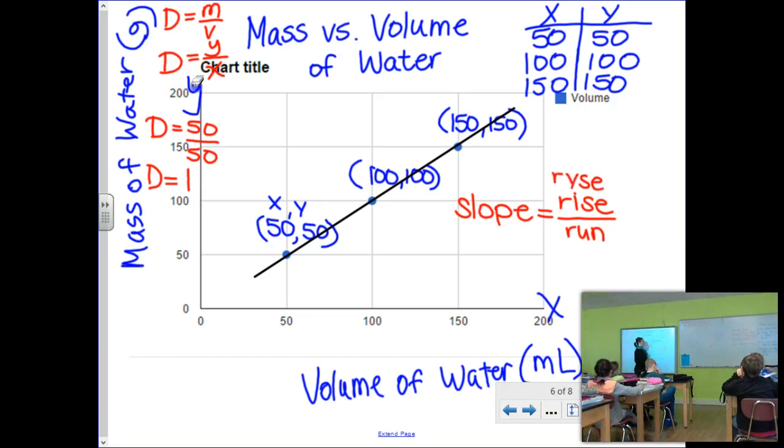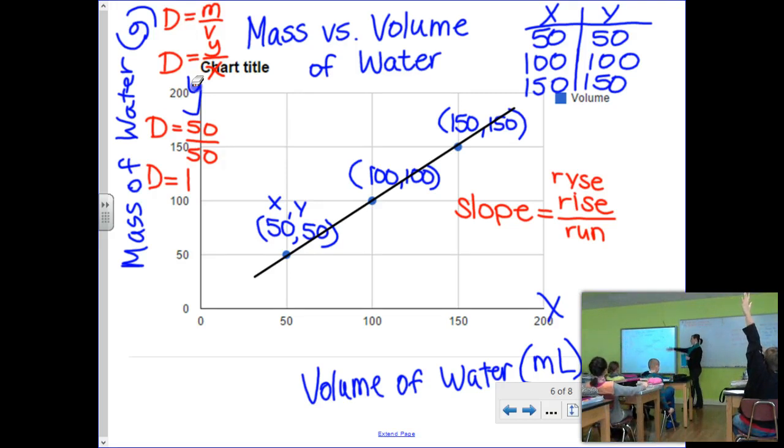Now, what we have to do is figure out what numbers we could put into this formula. If we're rising, where might we get some numbers on the graph? What's rising on the graph, or what's running on the graph?